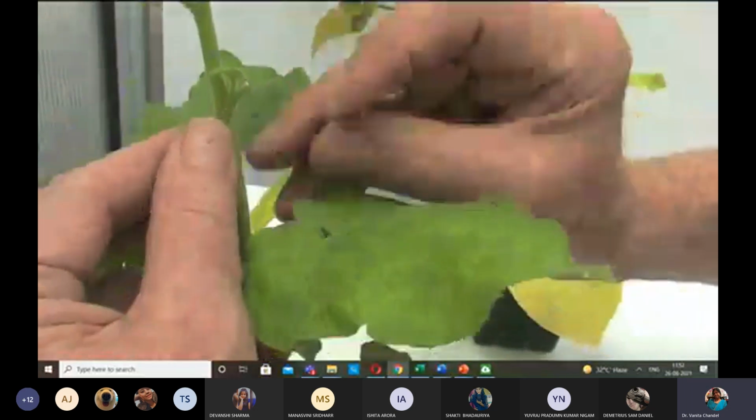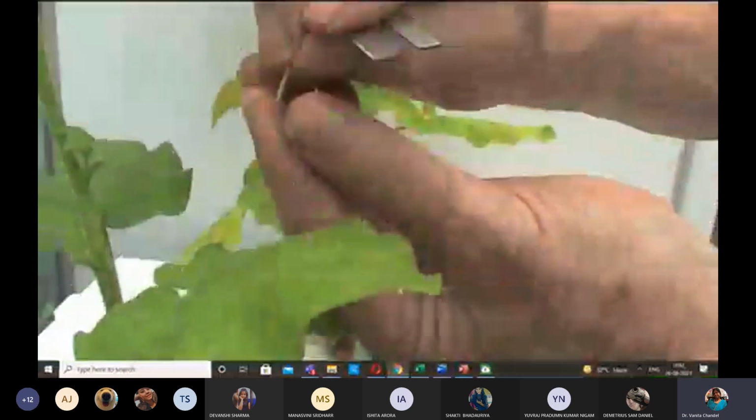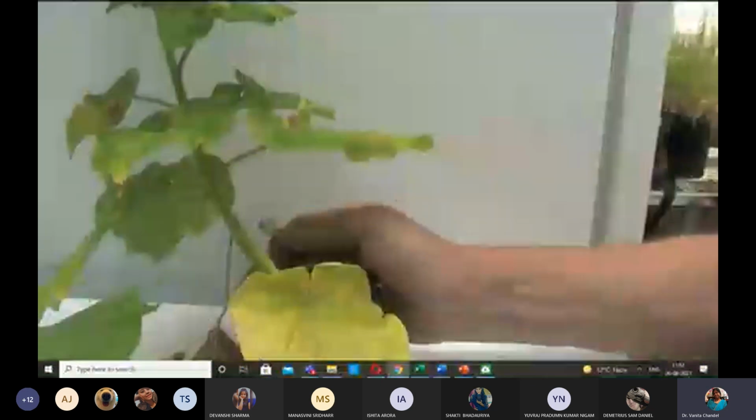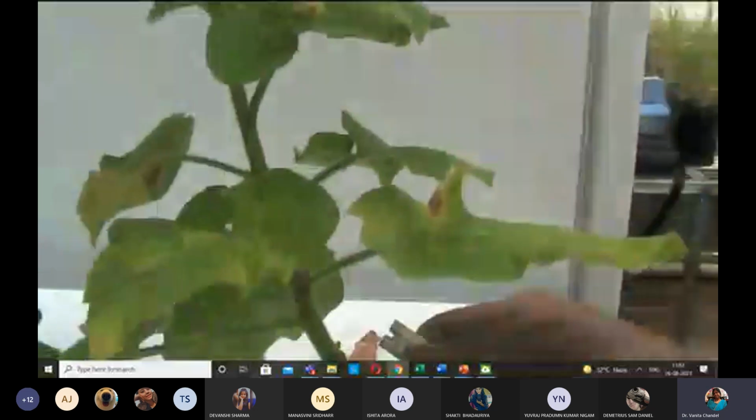So we have now a patch of tissue like this, which has a little notch at the bottom. All we have to do now is take the recipient plant and prepare a place on the stem about the same diameter. We just have to remove a few leaves so that we have a good surface here.